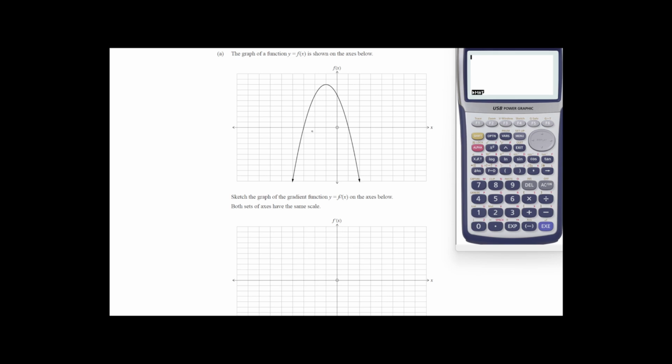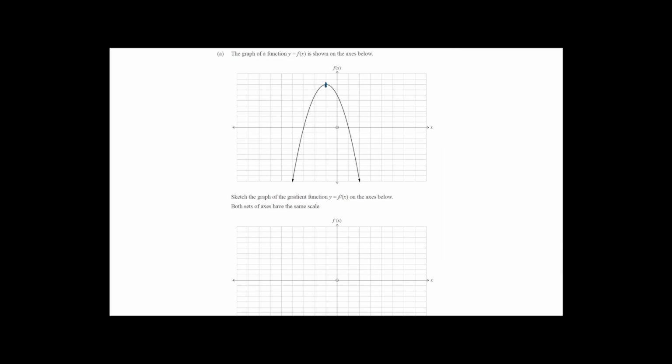When we derive it, it's going to have a positive slope from negative infinity to that point there, and it's going to be negatively sloped there, negative meaning below the x-axis, and it's going to be positively sloped there. So it's going to be a straight line, and it's going to cross the x-axis directly below. So it's going to sort of go like that when we differentiate it.